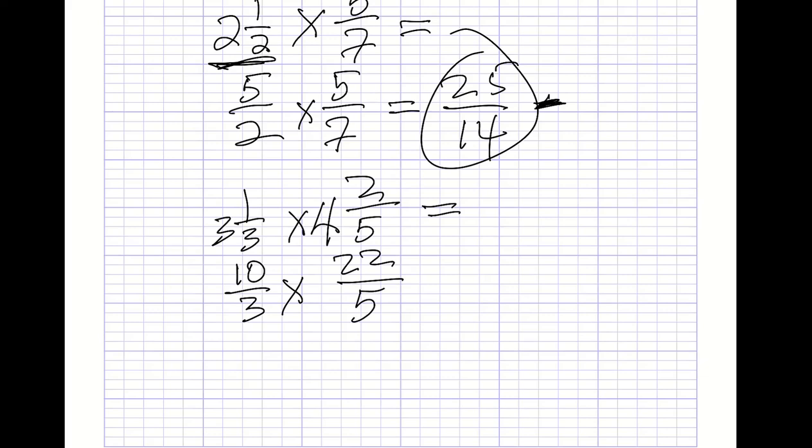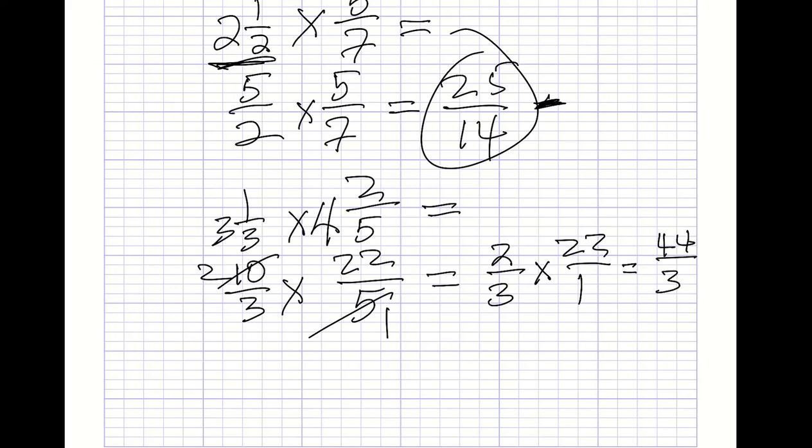Once you do that, you can cross things out. 5 divided into 10, you get 2. Then you say it's 2 over 3 times 22 over 1, because this is 1 here. So basically it's 44 over 3. That's the answer right there, right?